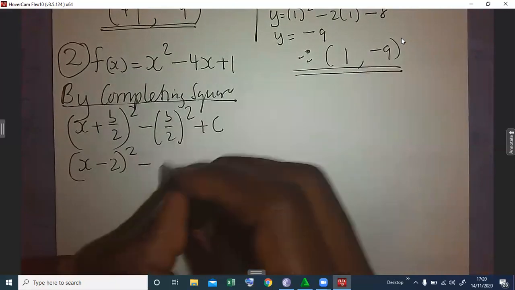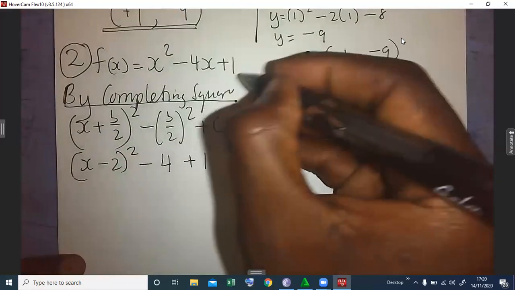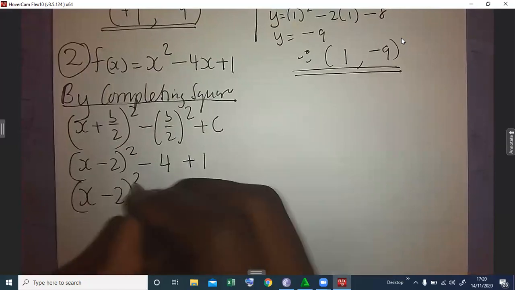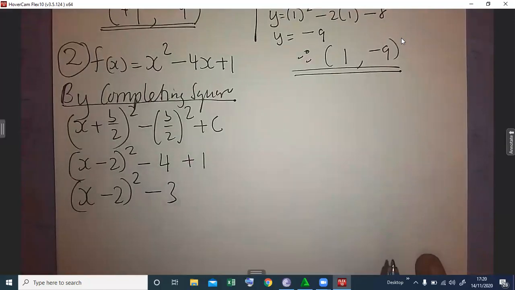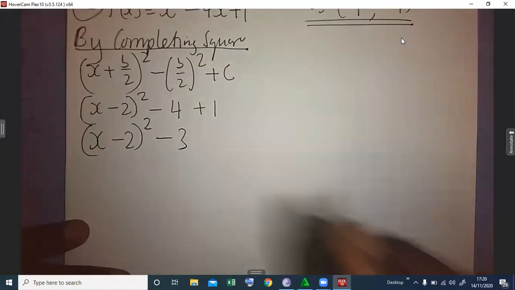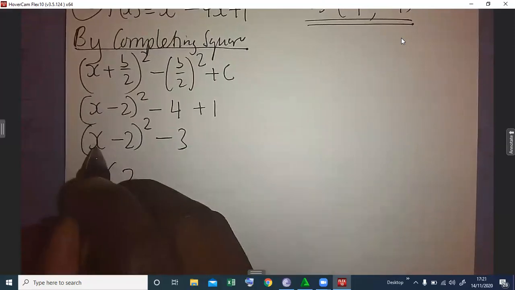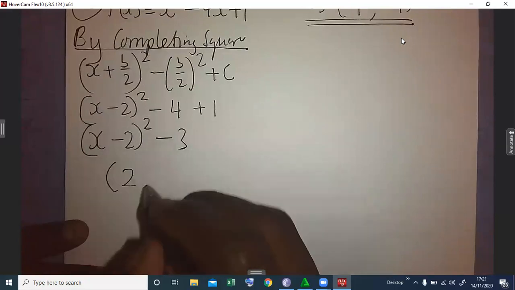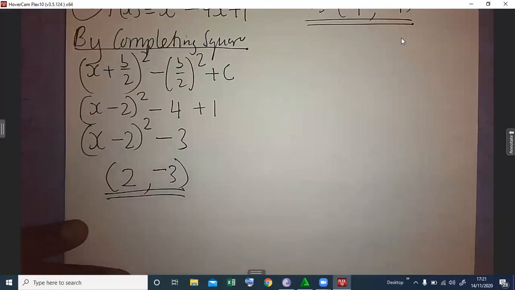Then this will be minus 4, and this will be plus 1 because my c is plus 1. And finally, I'll get minus 3 because minus 4 plus 1 is minus 3. So again, my x will be positive 2 because if I keep positive 2 here, I get 0. So it's a matter of saying negative 2, change the sign, and the number which is outside, that is minus 3. That is my turning point using completing the square.